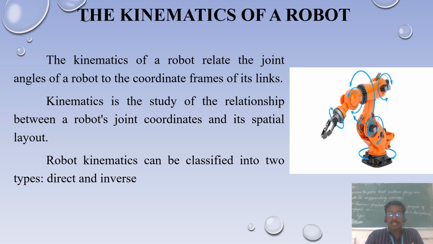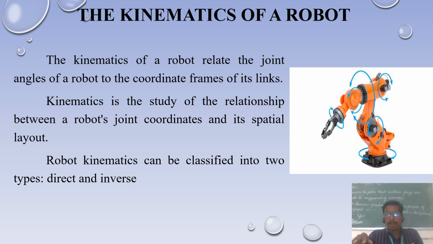The kinematics of a robot relates the joint angles of a robot to the coordinate frames of its links. Kinematics is the study of the relationship between the robot's joint coordinates and its spatial layout. How far the end effector reaches the object is defined by the spatial layout and the rotation angles of a particular end effector or different types of joints.